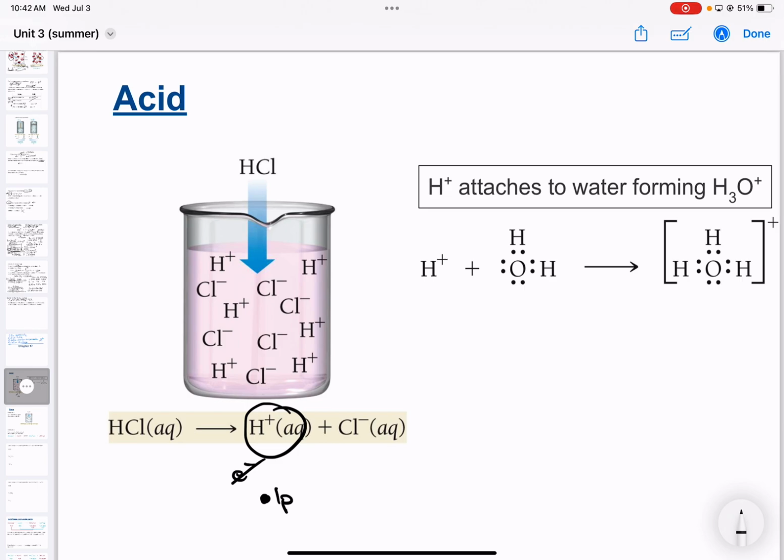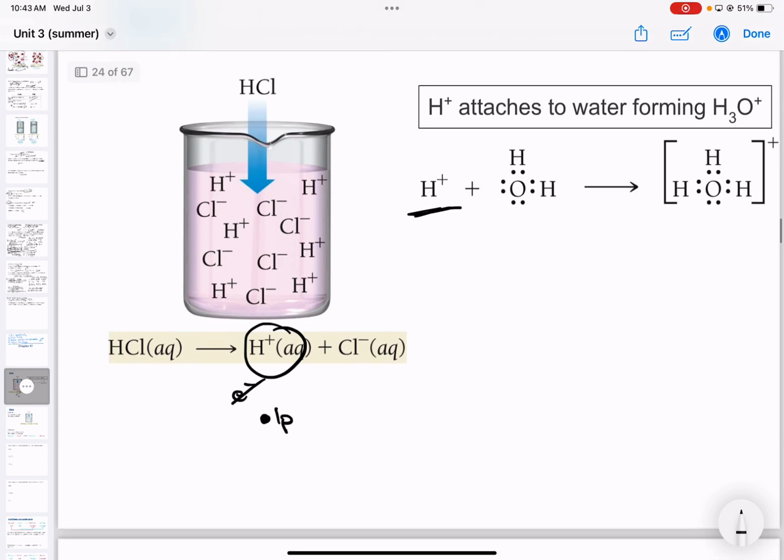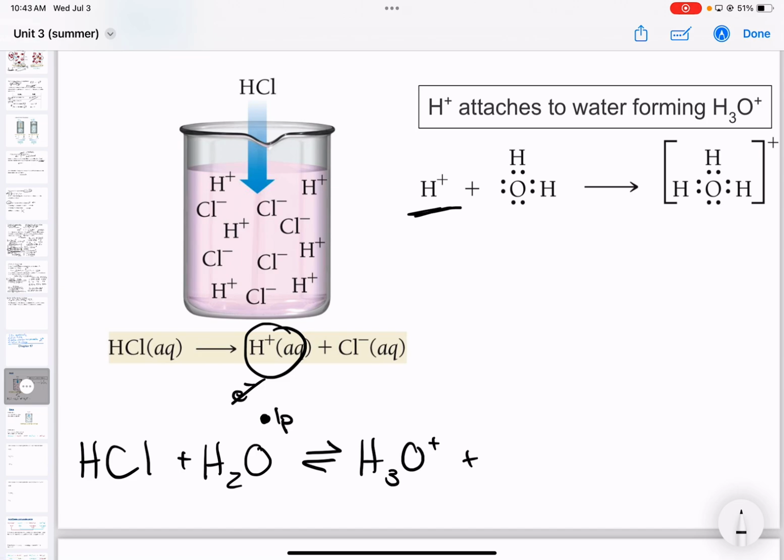But when you end up putting H+ into water, it bonds with a water molecule and makes H3O+. So almost always you will see me write this type of reaction as HCl plus water forms H3O+ plus Cl-. Okay?